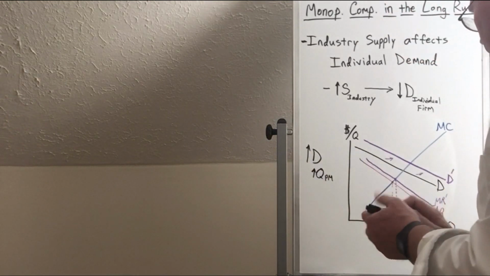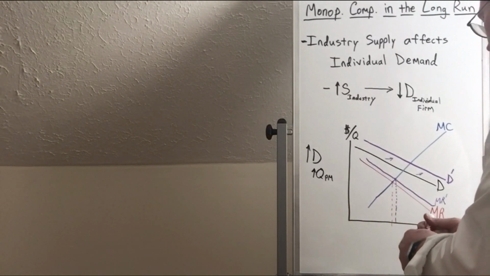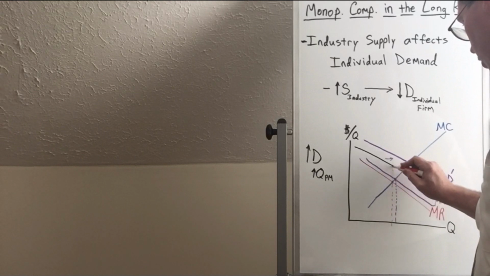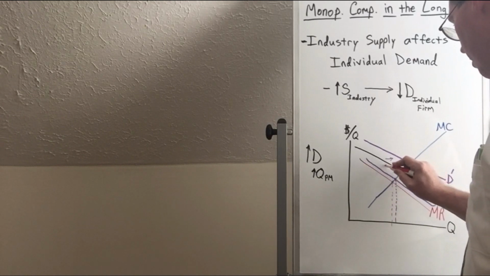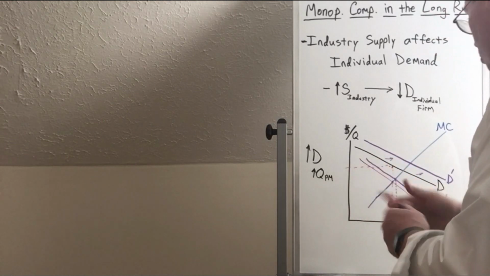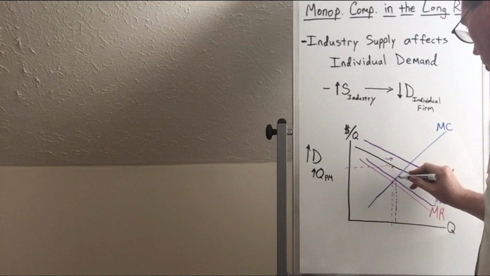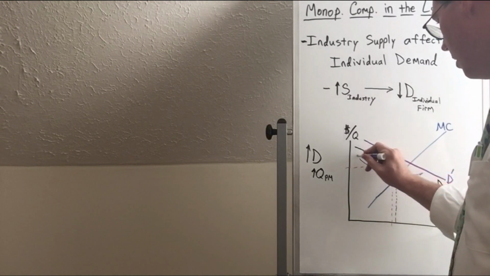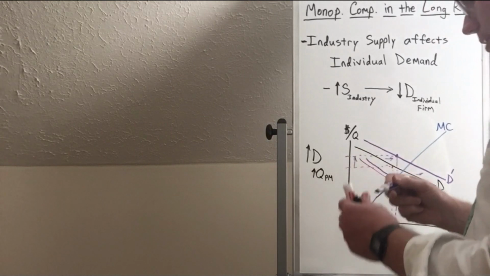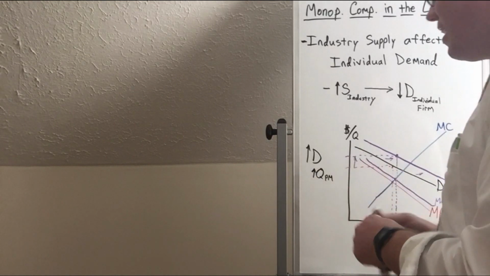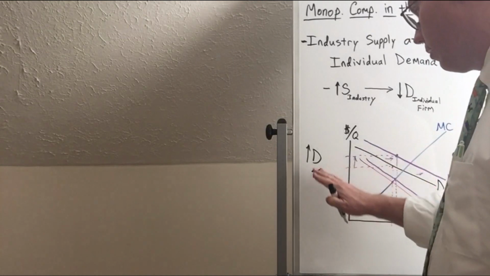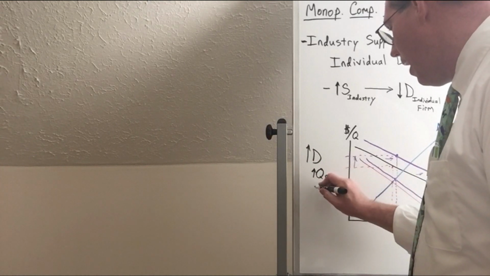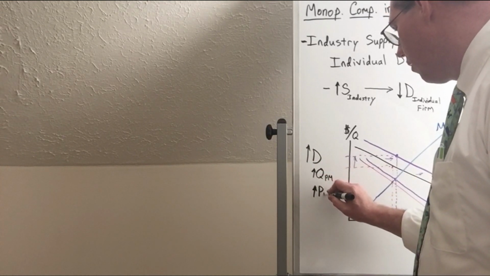And it's also going to lead to an increase in price, because previously, on the original demand curve, this was the price, but our new price, at this new quantity, goes up to the new demand curve. So you can see that results in an increase in price. So when an individual monopolistic competitor has an increase in demand, they will produce a higher quantity and they will be able to raise their price.